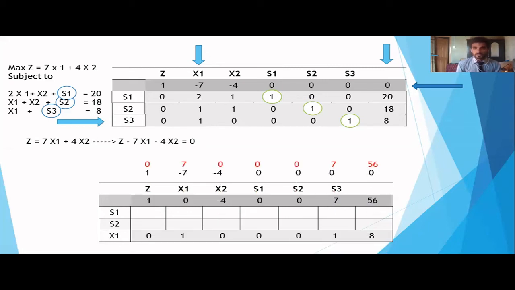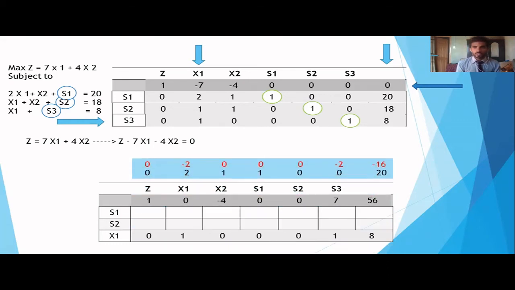In the same way, we convert the -7 into 0.